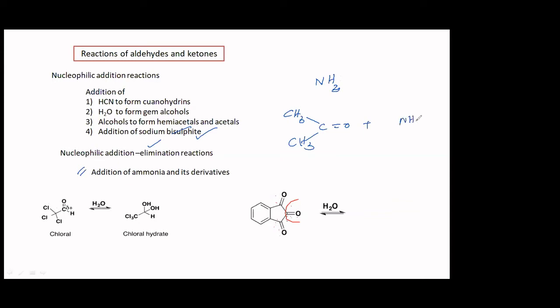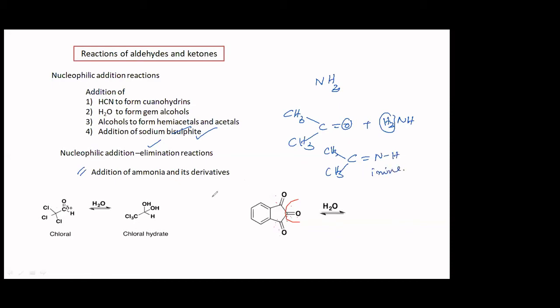You will write it like this, NH2 and then NH2 on this side. So basically you can understand that this hydrogen goes with this. You will get CH3, CH3, C double bond, you just have to bring that nitrogen and hydrogen. This is an imine.